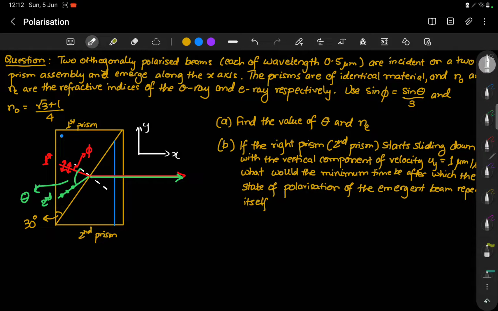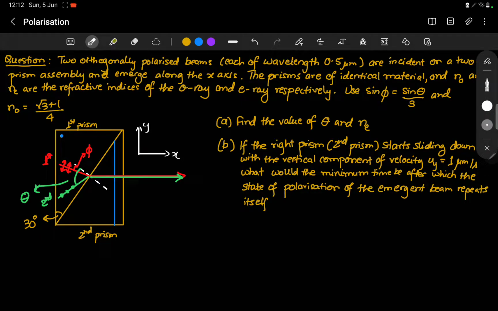So let us understand what this question is all about. We have two prisms placed as shown in this diagram, and the optic axes of the prisms are shown in blue. For the first prism, the optic axis is perpendicular to the screen. For the second prism, the optic axis is in the plane of the screen along the y-axis. Then we have two orthogonally polarized rays, the red one in the plane of the screen and the green one perpendicular to the screen.